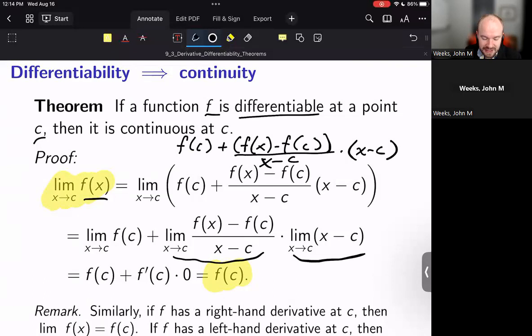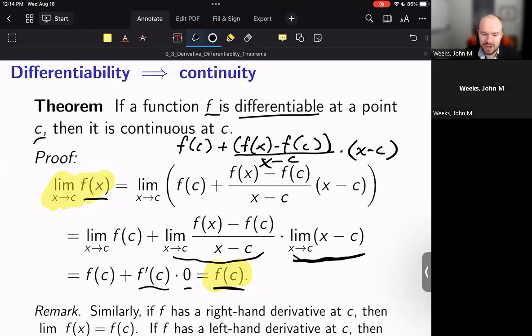Notice that I can do this because I know both of these limits exist. Both of the individual limits exist because this one on the left is now the derivative f prime of c, which is a finite number, times the limit as x approaches c of x minus c. That limit is going to be 0. I don't have an infinity times 0 business thing going on, thanks to the fact that my derivative is finite. So this just gives me f of c.